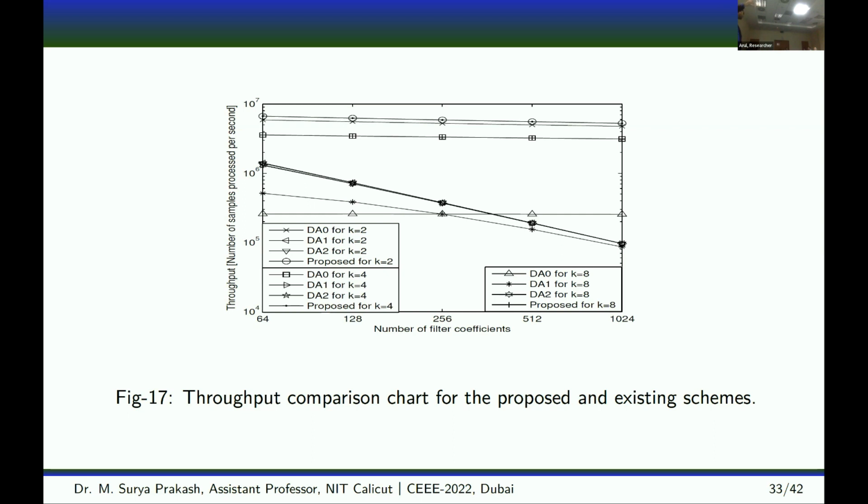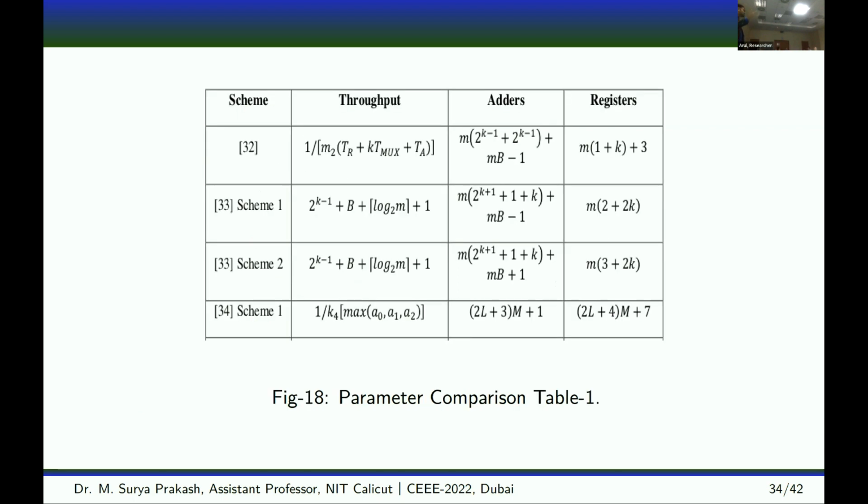Or in other words, the throughput is not changing with respect to filter order. And that's the reason this proposed implementation is suitable even for higher filter orders, particularly compared with the ones that are published recently.